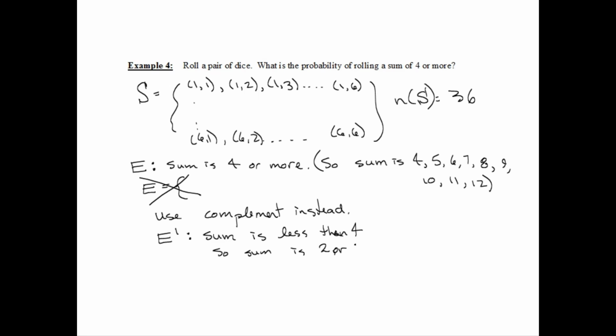So 2 or 3. Those are the only possible sums that are going to be less than 4. And so if I actually write down this event, the ordered pair 1, 1 will give me a sum of 2. To get a sum of 3, I'll need 1, 2, or 2, 1.